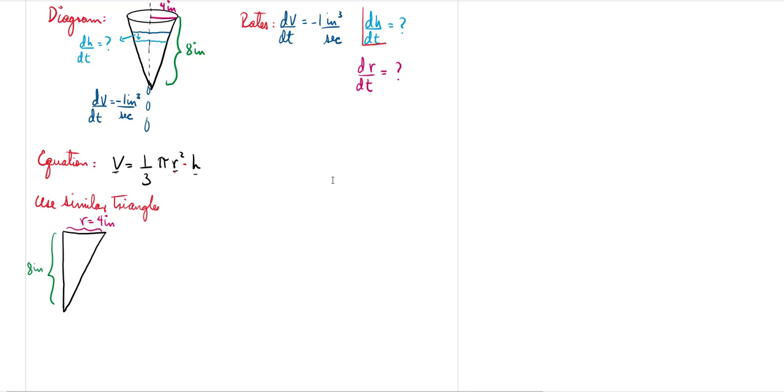Now, I'm going to draw the water level right here. So if I draw the water level, notice you're forming another triangle within the big triangle. So now we have this smaller triangle. Now, this smaller triangle is going to have its own height and its own radius. Now, I'll call this height, I'll keep it here with a light blue. Actually, let me give myself a little bit of room.